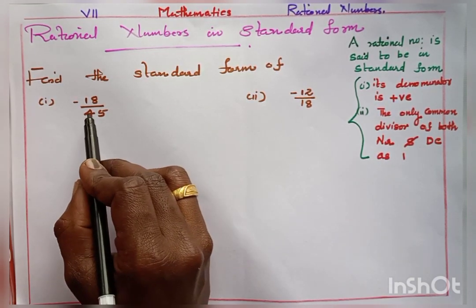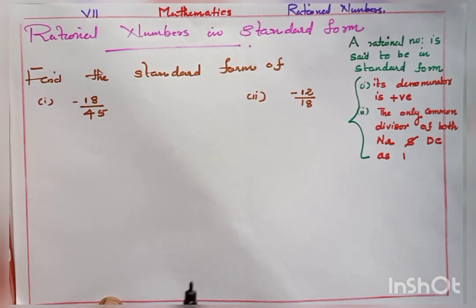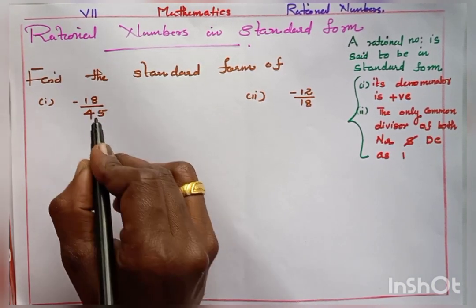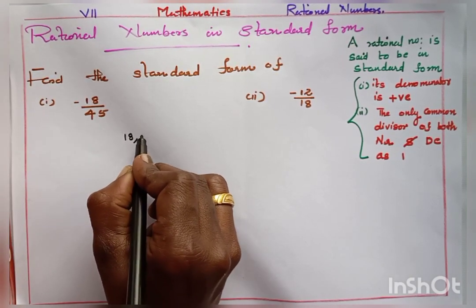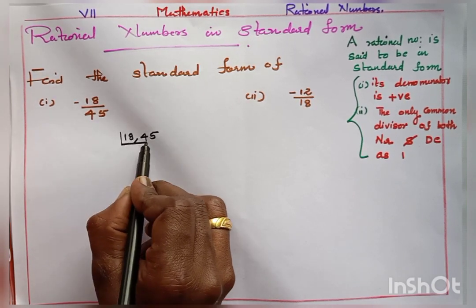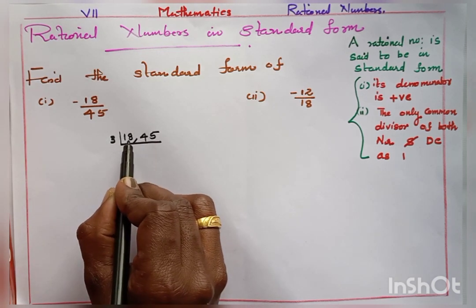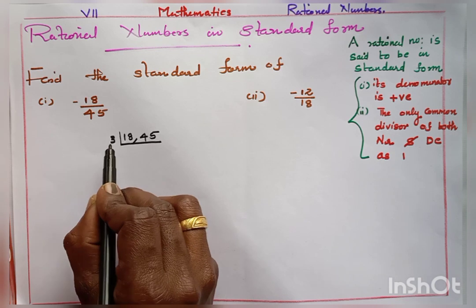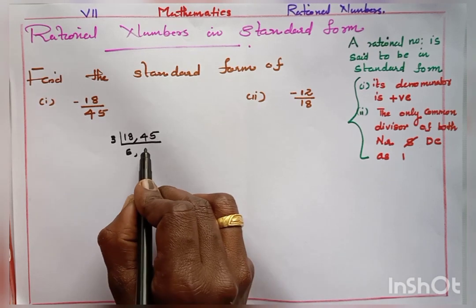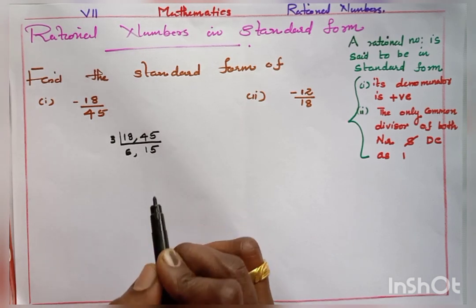So to reduce it into standard form, find the HCF of these two numbers, the numerator and the denominator. We can divide 18 and 45 by the common divisor 3. 6 3s are 18, 15 remains, 5 3s are 15.